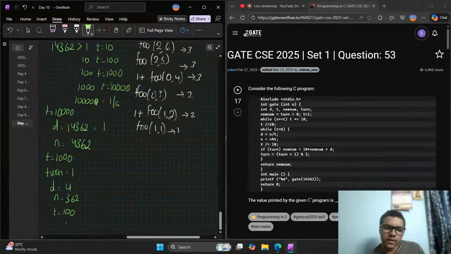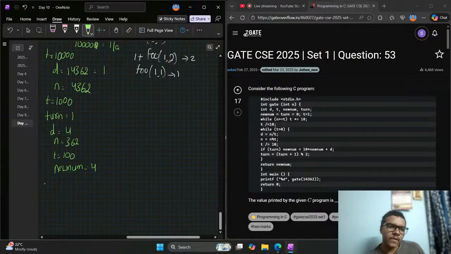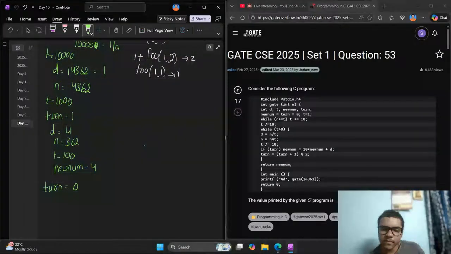And if turn, yes, it is new num is equals to 10 times what is new number initially 0 plus d. So new number is equals to 4 and turn is equals to 0 now. T is greater than 0, it will get executed.